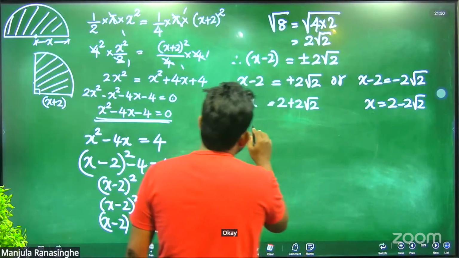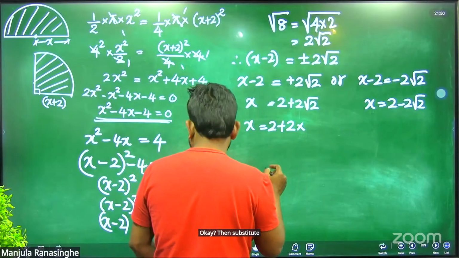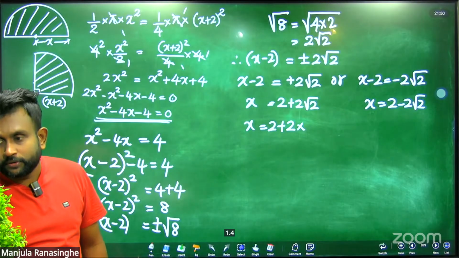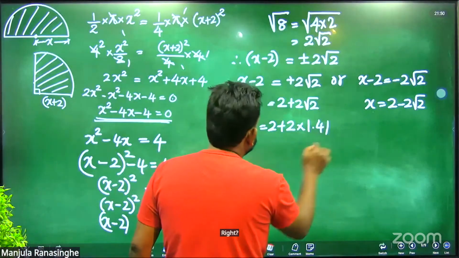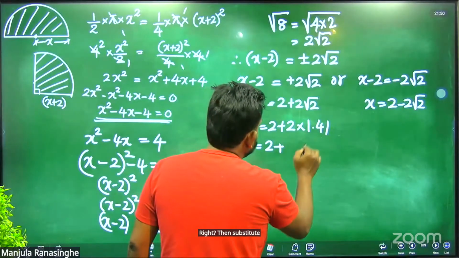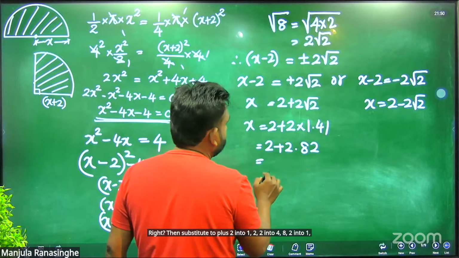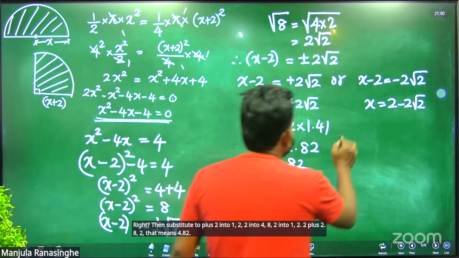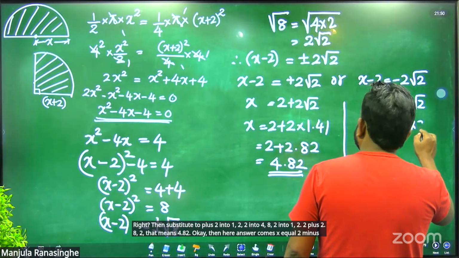Then substitute the root 2 value as given, 1.41. Then 2 plus 2 into 1.41, which is 2.82, that means 4.82.